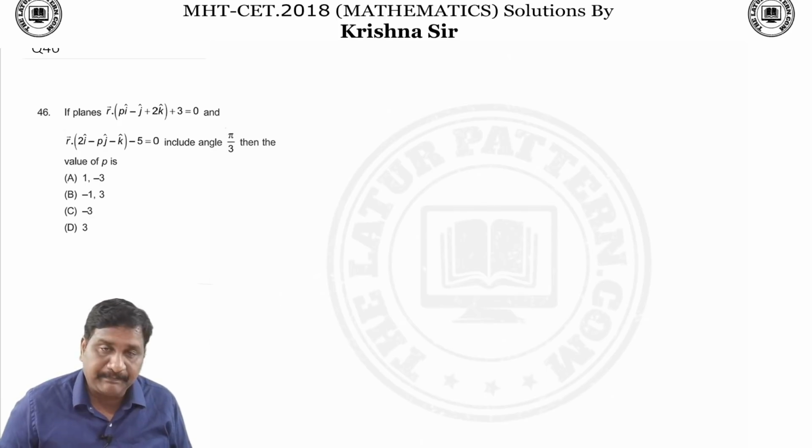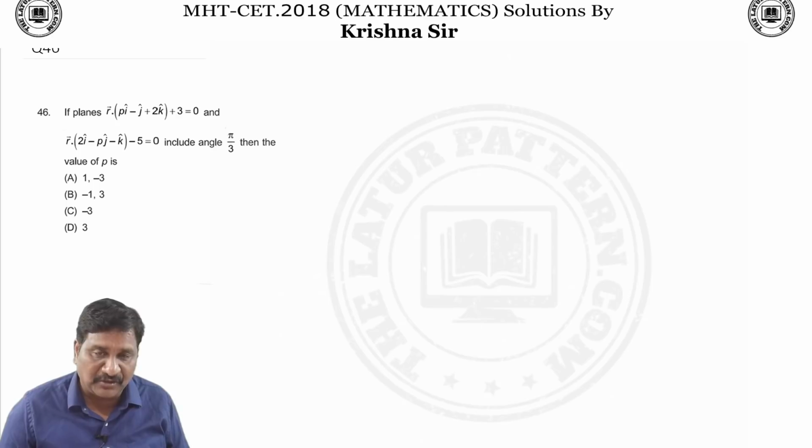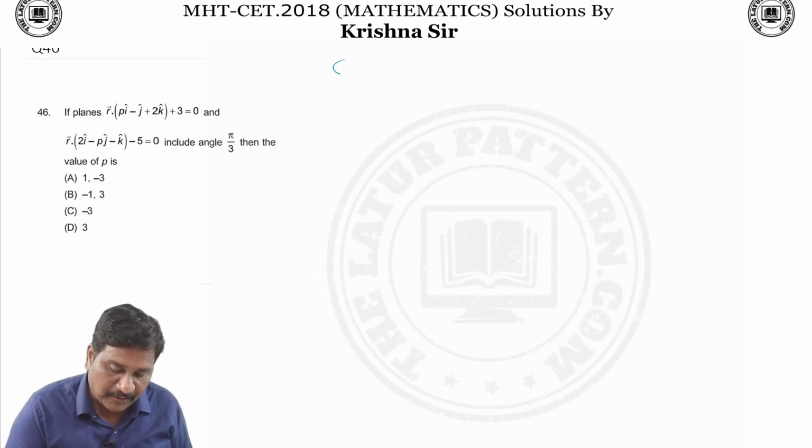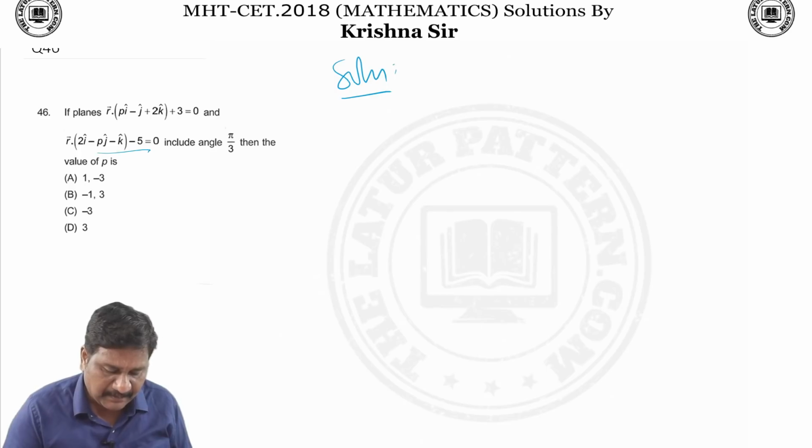Given problem, if the planes r bar dot i minus j plus 2k plus 3 is equal to 0 and r bar dot 2i minus pj minus k minus 5 is equal to 0 include an angle.